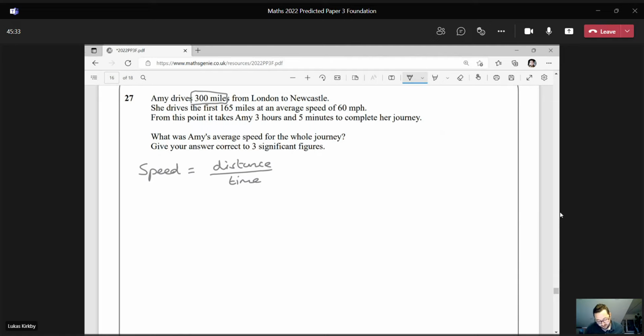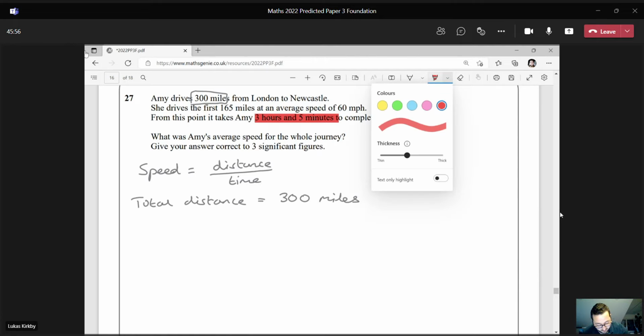It says it here. So we can write that down. So total distance is 300 miles. So we just want to find the total time. Now we know from the second part of the journey it's 3 hours and 5 minutes. So we just need the first half of the journey.